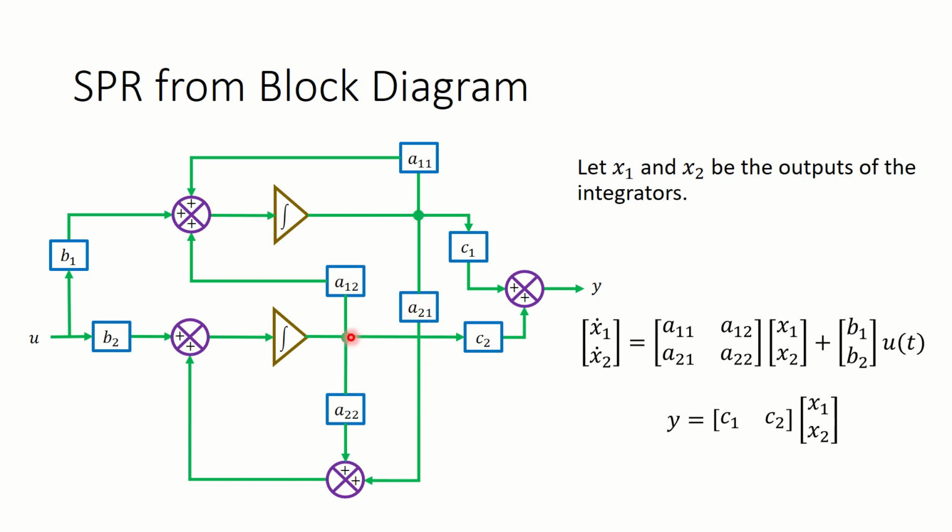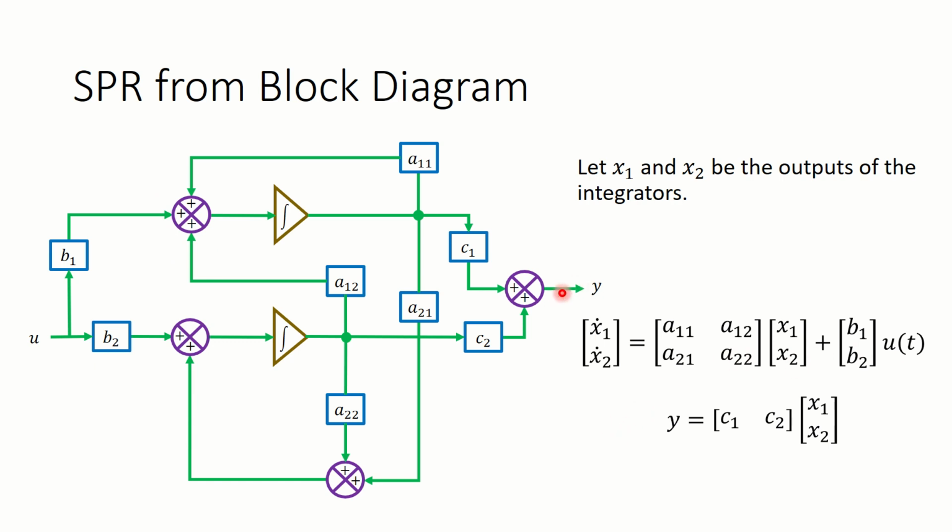There is no dot here, that means it is a direct jump. Then a22 into x2. So a21 x1 plus a22 x2, so this signal gets completed, plus b2 u. We have to check whether these summers have plus or minus signs. Here everything is plus, so there is no minus sign in these expressions.